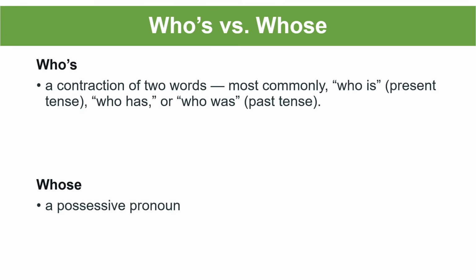Now, whose? It's very easy. It's part of my parts of speech, and it's a possessive pronoun. It works the same way as mine or yours or his or hers. And also remember that when that moves to the middle of a sentence, it becomes a relative pronoun. Whose jacket is this?